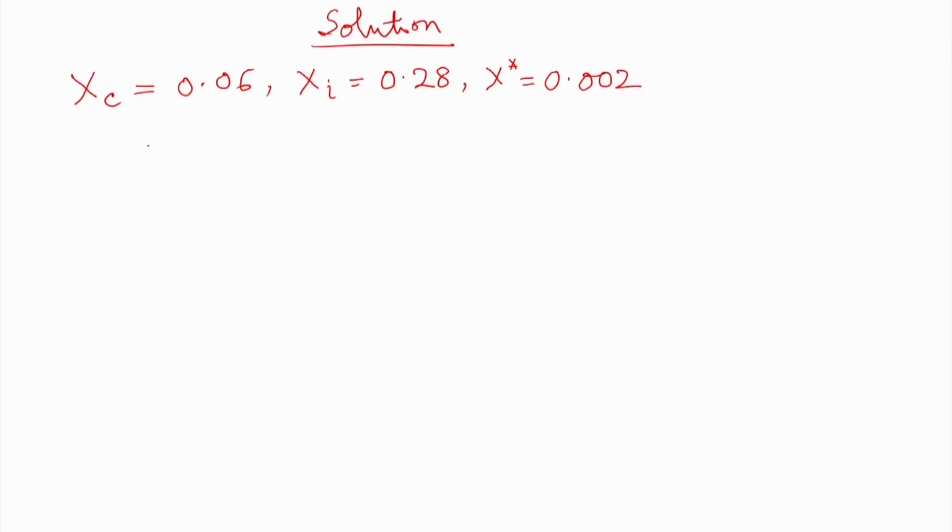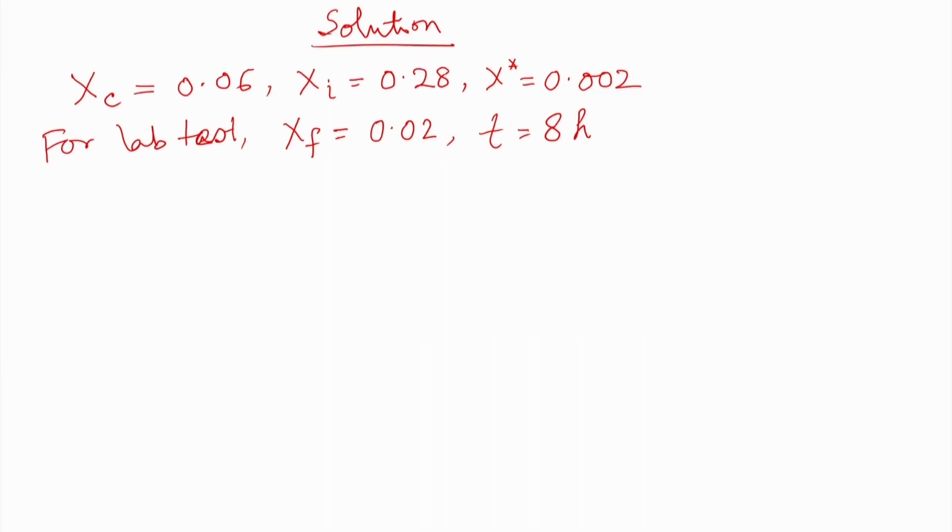And for the laboratory test, x_f, the final moisture content, is given as 0.02, and the time is given as 8 hours, because this is required to get S_s by A. These hints are required to get S_s by A into N_c also, because the constant drying rate is not given in this condition.